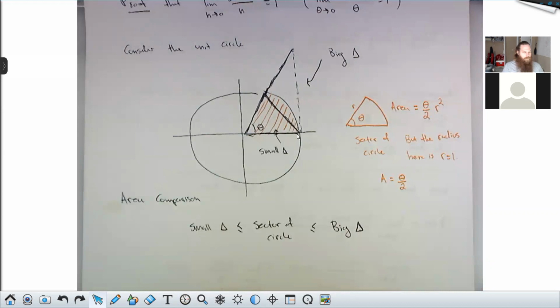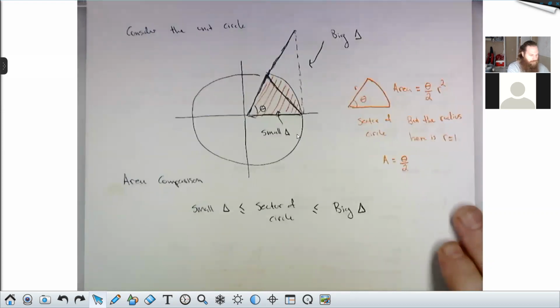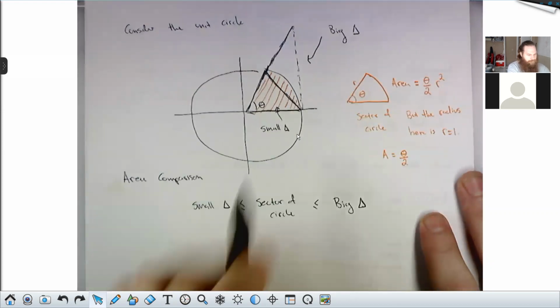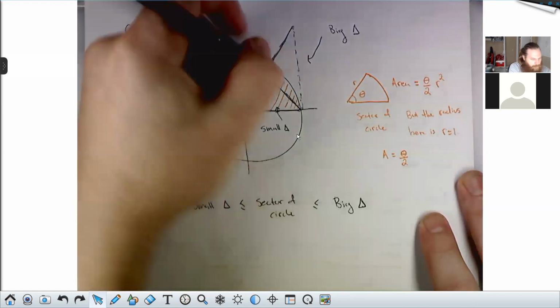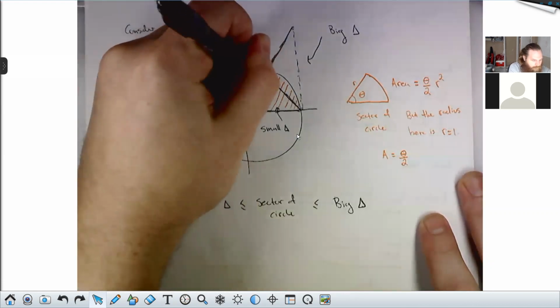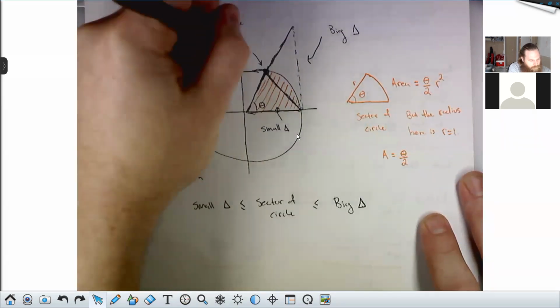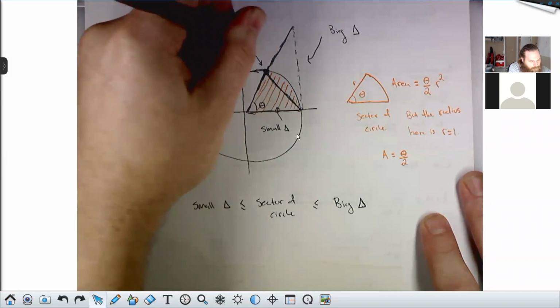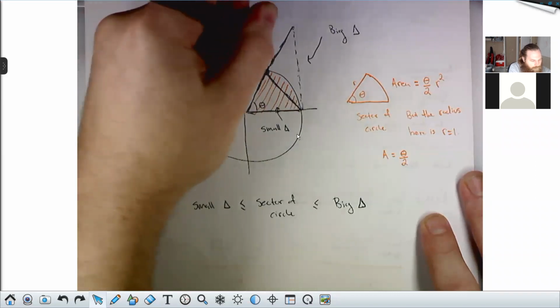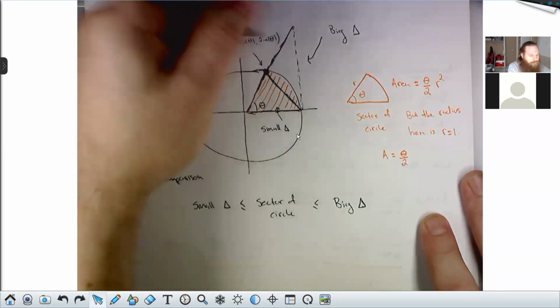Now, what about the area of the small triangle? Remember, the point up here on the unit circle is the point cos theta, sine theta.